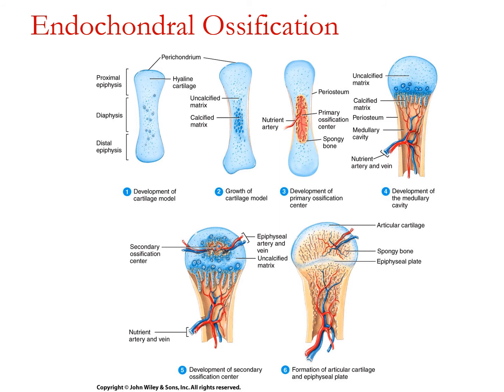Nutrient arteries enter the area, creating ossification centers. Most of that cartilage is then replaced with osseous tissue with the activity of the osteoblasts. Then more arteries infiltrate the ends of the model into the future epiphyses, forming secondary ossification centers.